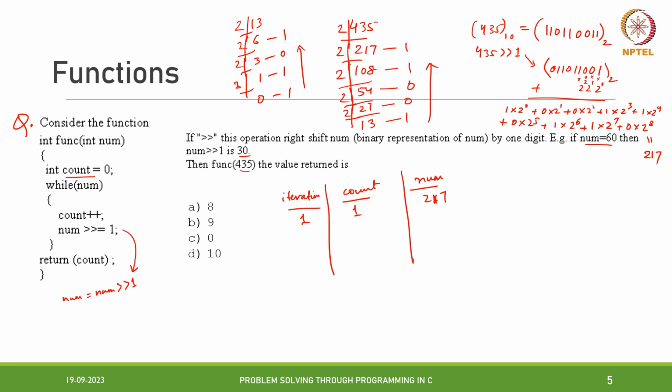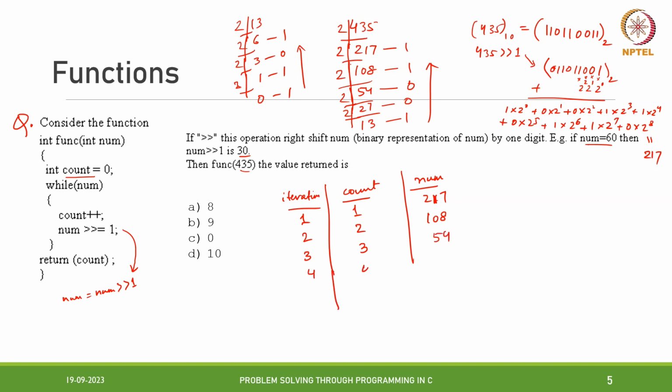Alright, now num is still positive, so the while loop will still run. It's non-zero, so the while loop will run. Second iteration, count will become 2, this will become 108, right? Third iteration, count will become 3, this value will become 54.